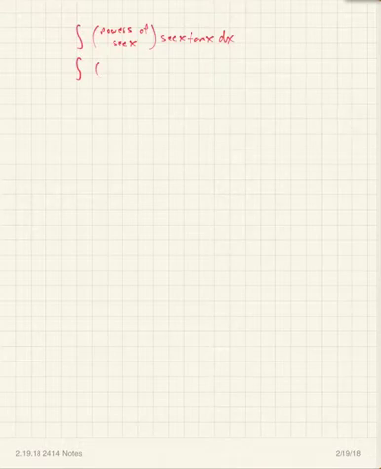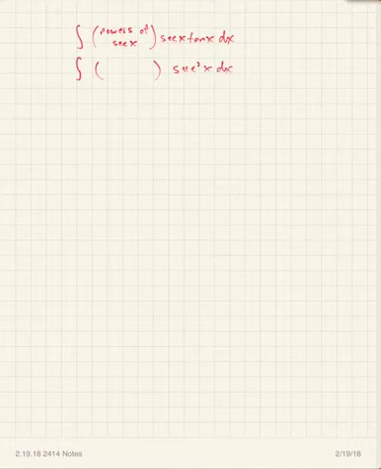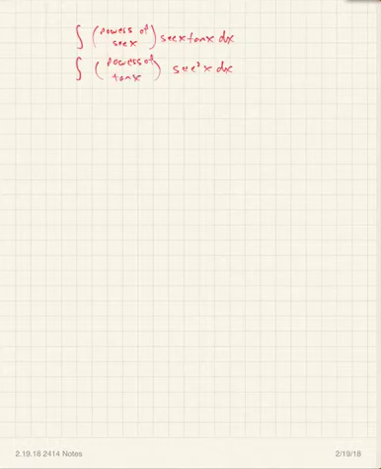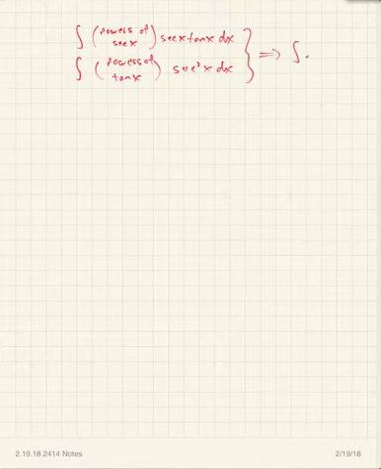And also, if you could break off a secant squared, and you could write the other factor as powers of tangent, right? You know that the derivative of tangent is secant squared. And so both of those forms would be power rule problems, right? In all of those situations, you'd have u to the n du.